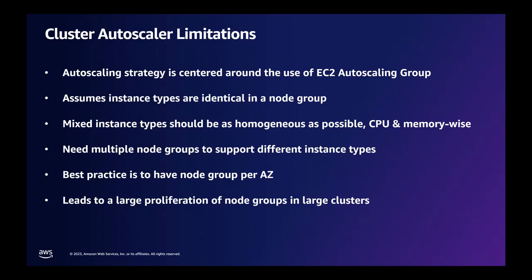It assumes that the instance types are all identical in a given group. That's how any EC2 autoscaling group typically works. So to support different EC2 instance types, you need multiple node groups. Also, it is recommended that you have each node group span only one AZ, one availability zone. Therefore, if you want workloads to span multiple AZs, you need a node group per instance type per AZ.